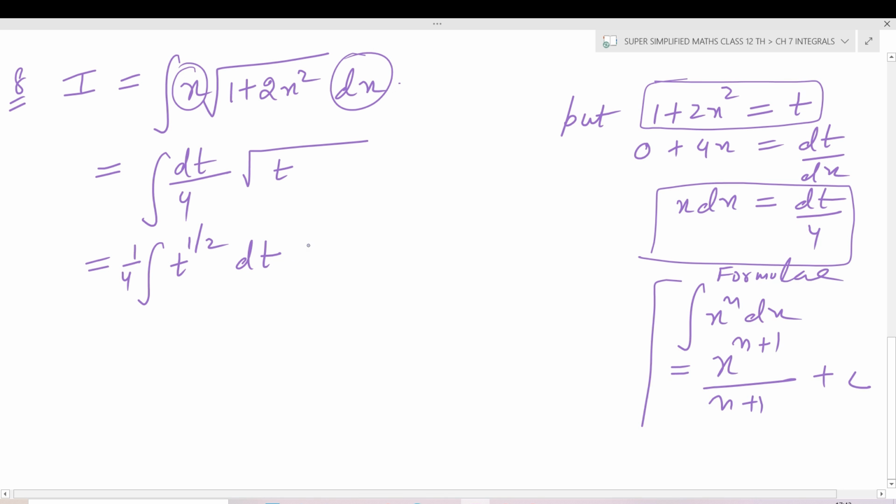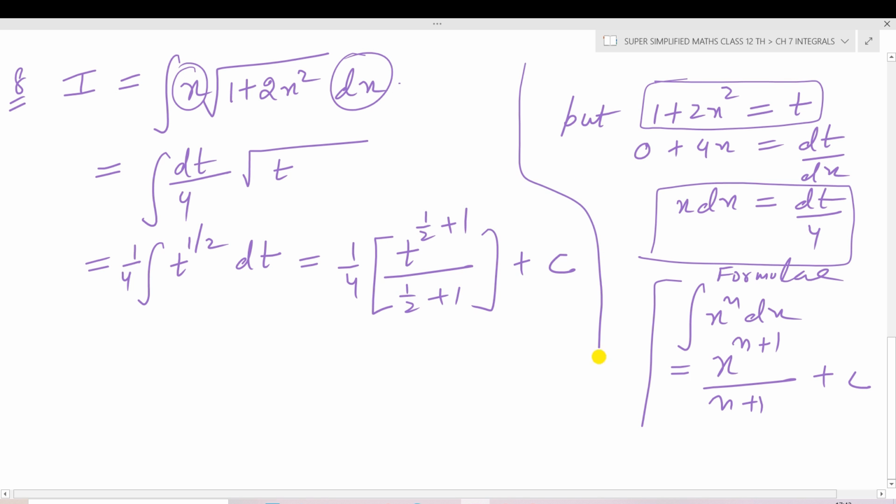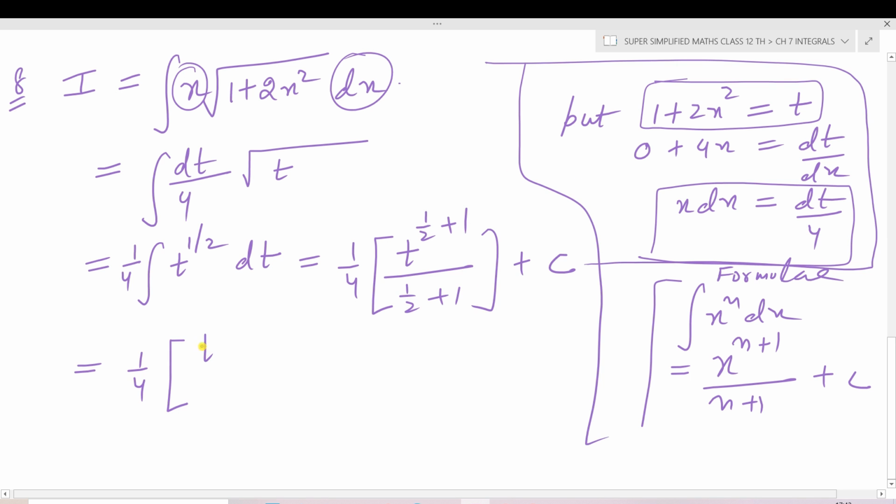So therefore, here 1 by 4 is common, and integral of t raised to the power 1 by 2 will be t raised to the power 1 by 2 plus 1 upon 1 by 2 plus 1 plus a constant of integration. This is all fair work. The substitution work that you have done, it's all fair work. It is not rough work. So simplifying further, 1 by 4 t raised to the power 3 by 2 divided by 3 by 2.